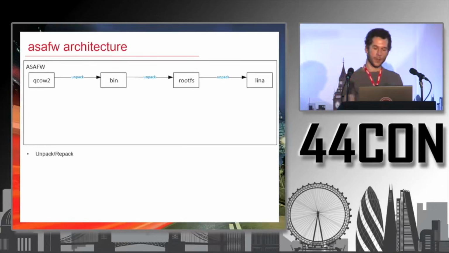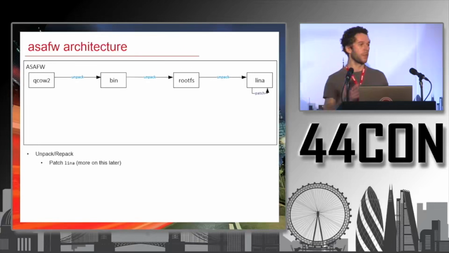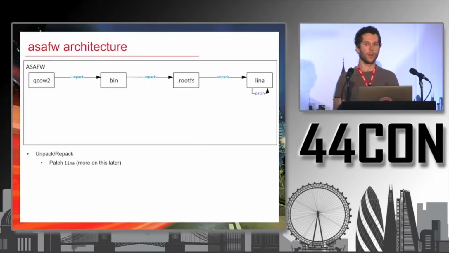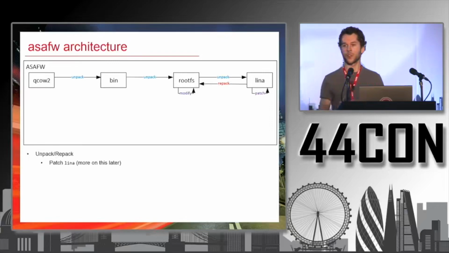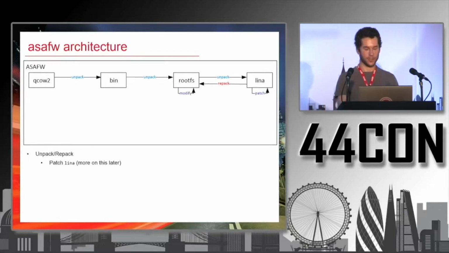Once we have lina, which is the main Cisco ASA binary, we can patch it, optionally modifying the actual features. And then we can re-inject it into the rootfs. We can modify some files, like modifying some scripts or disabling ASLR or stuff like that.